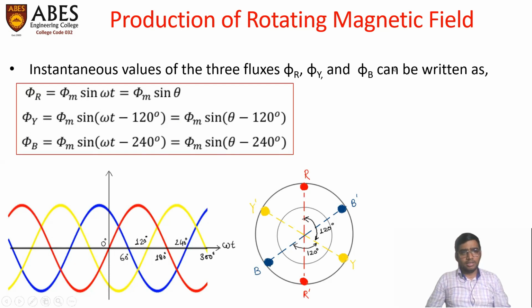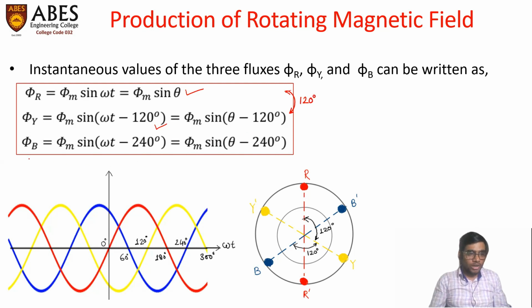First of all, the instantaneous values of flux produced by the three phases can be written as phi r is equal to phi m sine omega t, or phi m sine theta. Phi y is equal to phi m sine (omega t minus 120 degree), meaning the flux produced by the yellow phase lags behind the red phase flux by 120 degree.